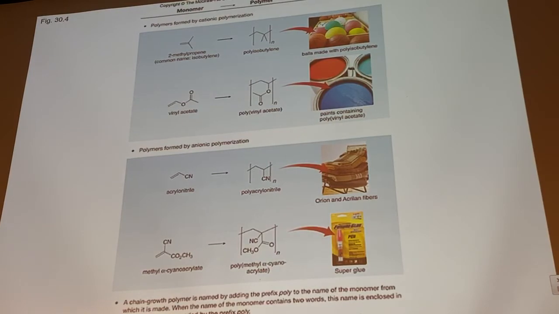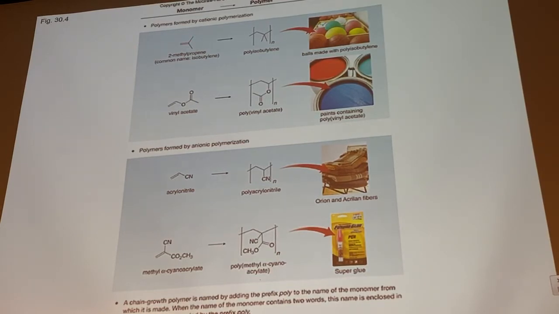So this slide here, the upper half of this slide shows two monomers that are commonly used in cationic polymerizations. So 2-methylpropene has got two methyl groups, two Z groups, and that allows us to generate a tertiary carbocation when we add a cation to this monomer.